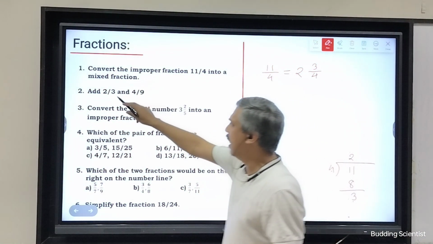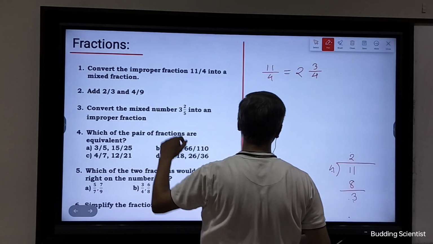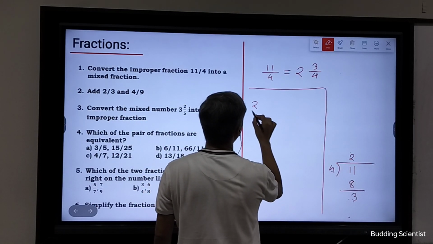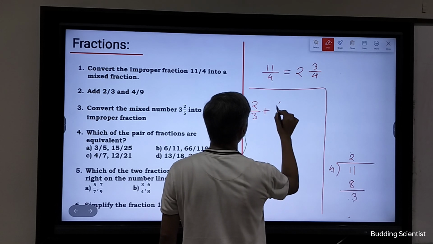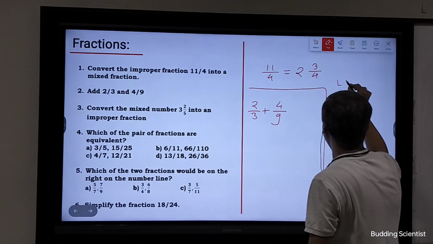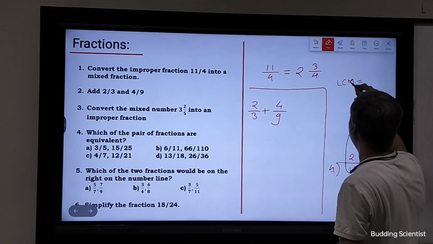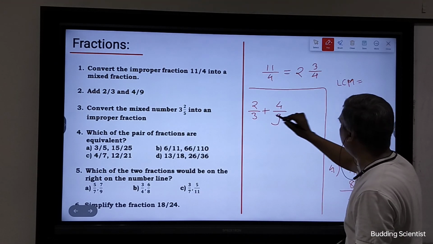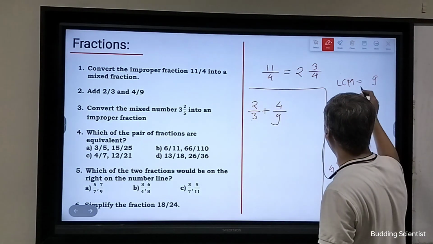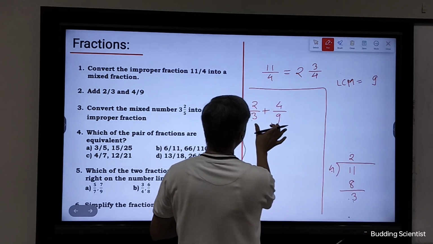Next question, add 2 by 3 and 4 by 9. So we want to do 2 by 3 plus 4 by 9. Here we'll write LCM is equal to 9, the LCM of 3 and 9 is 9. If you want to check that, you can check that the LCM comes out to be 9. So I have to make 9 in the denominator.